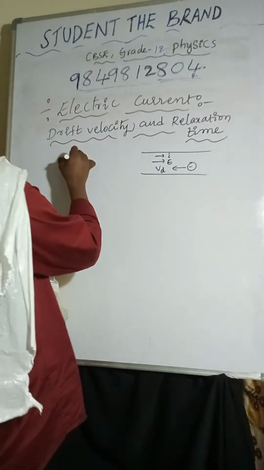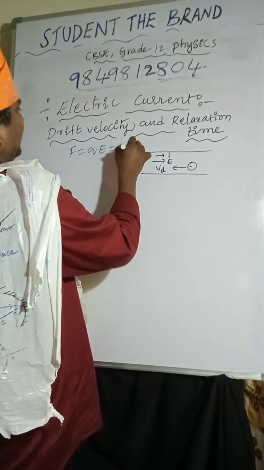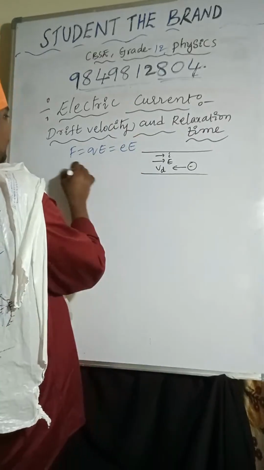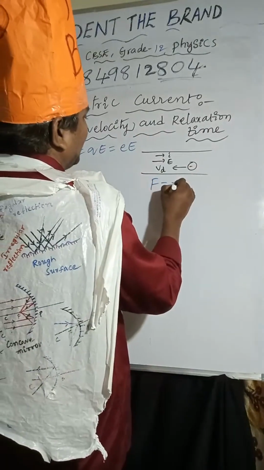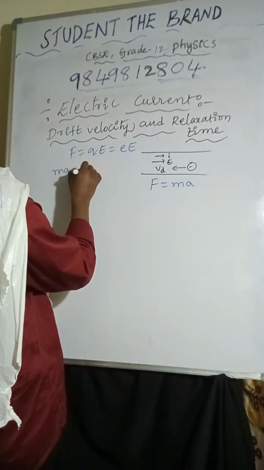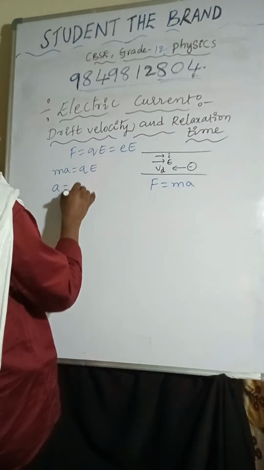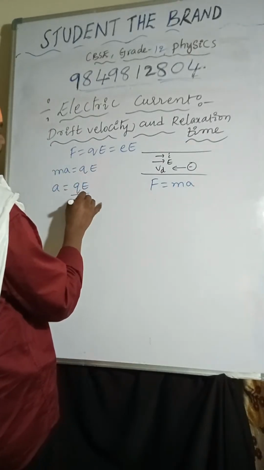F equal to QE. Now, we know F equal to MA. So MA equal to Q into E. So A equal to Q into E by M.